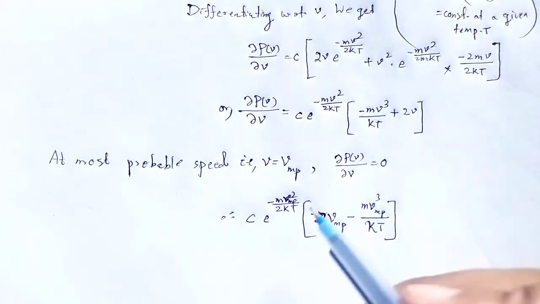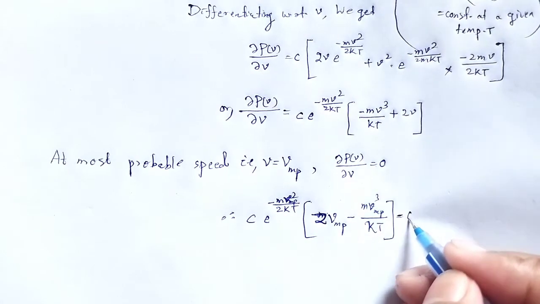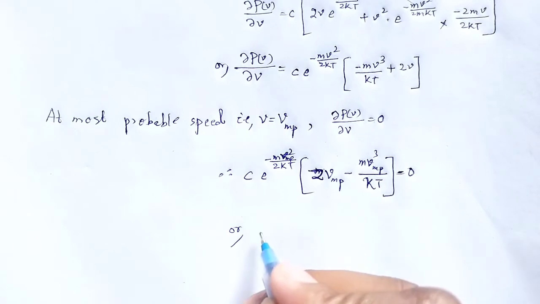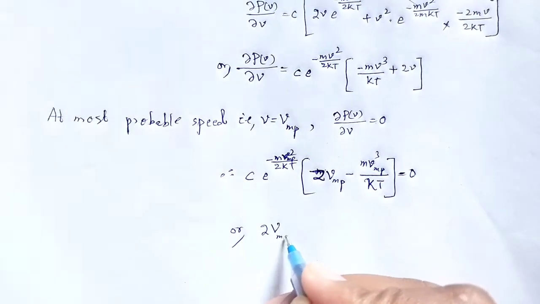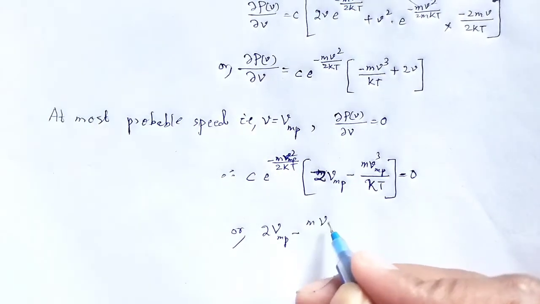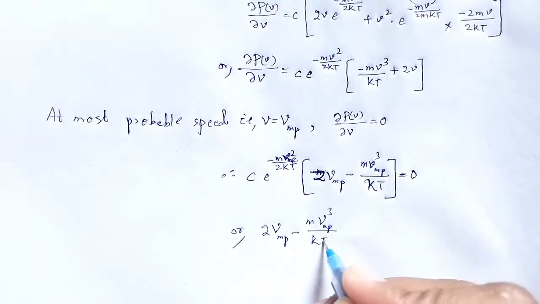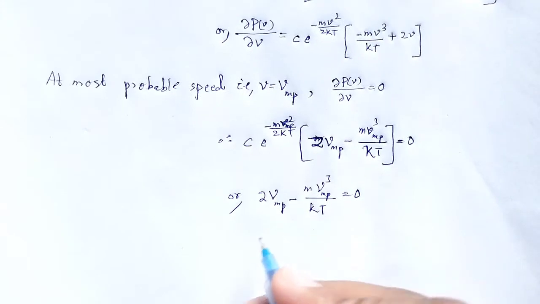In place of v we substitute v most probable, and that term will be 0. So we have that bracket term: 2 v most probable minus m v most probable cubed divided by kT is equal to 0.